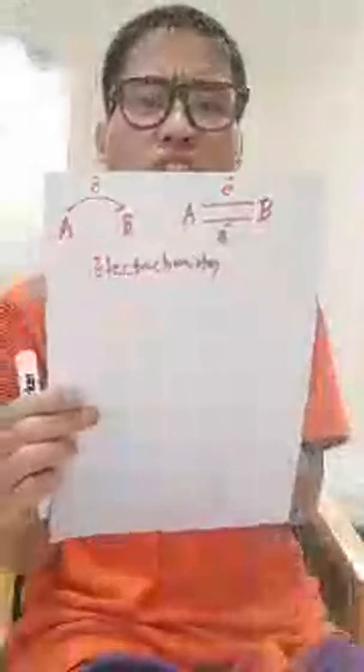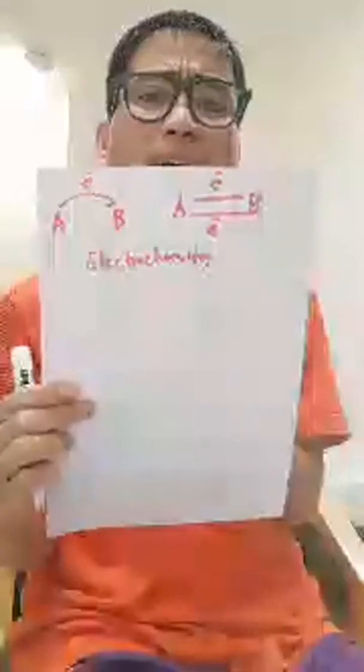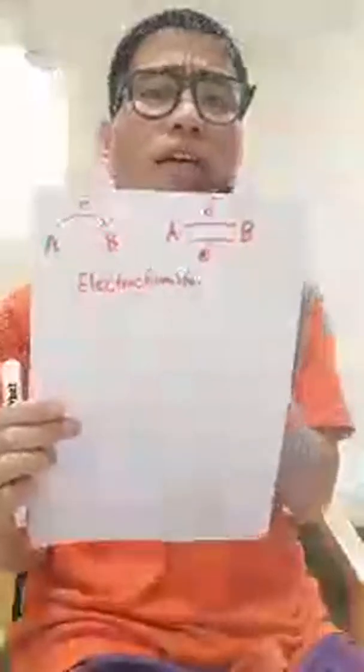So it's going to be like this, the illustration now. In order to have a proper flow of electrons, we need to introduce a path or a wire. The straight lines here represent the path, the wire.